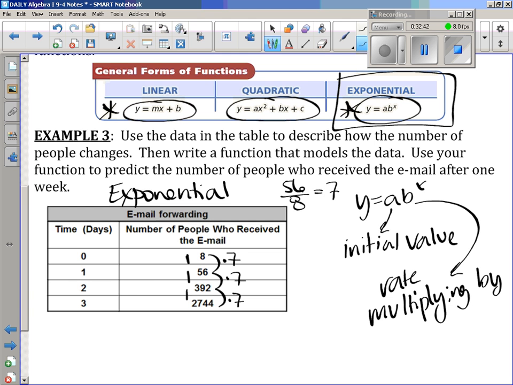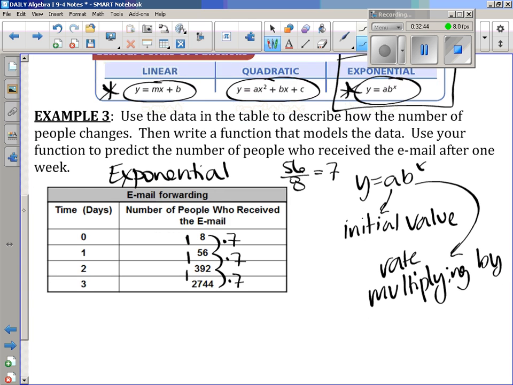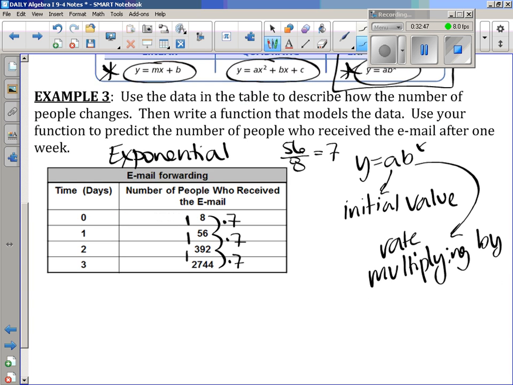So both those pieces of information are nicely included in this table. What's the initial value? 8. That's where we start. What am I multiplying by? 7. So there's my function. Easy peasy.